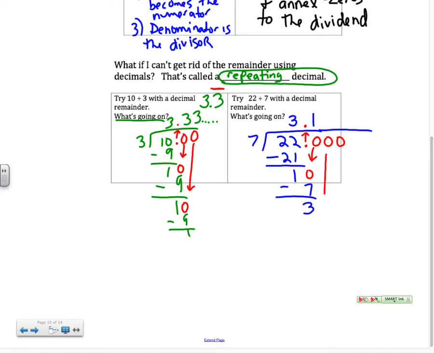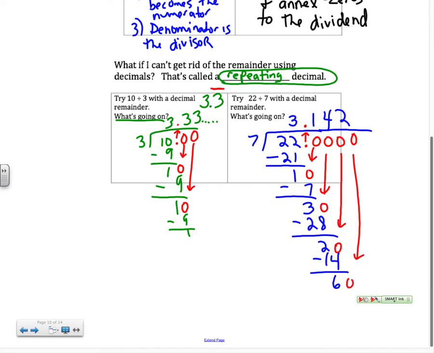Get rid of that remainder. Bring down that 0. 7 goes into 34 times. 7 times 4 is 28. Subtract, and you get 2. Got to get rid of that 2. Bring down another 0. 7 goes into 22 times. 7 times 2 is 14. I'm going to start running out of room. 6 is my remainder. I could add another 0 and bring it down and try to get rid of 60.